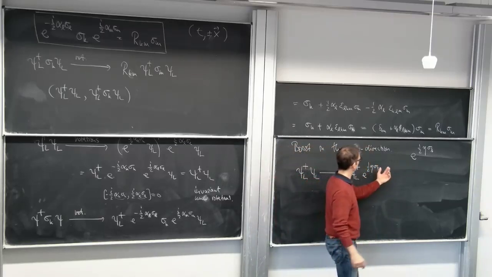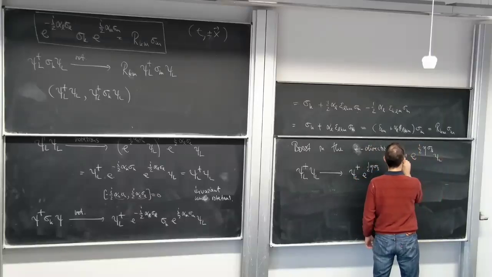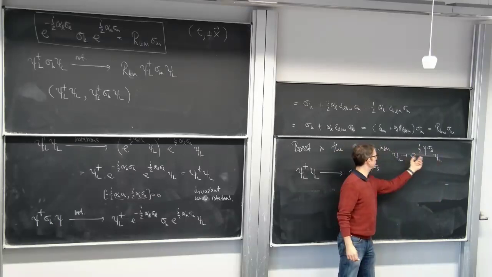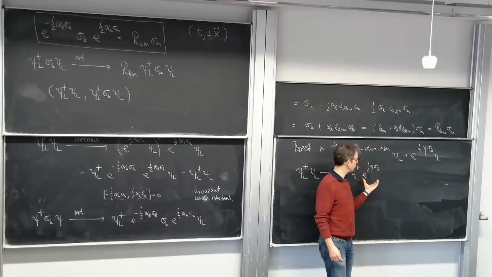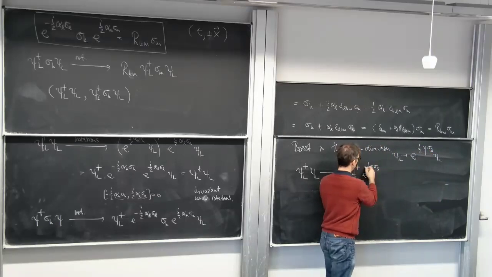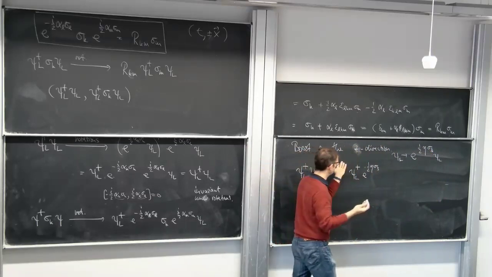If you have psi L goes to this, now dagger this business, and the dagger ends up here, they change the order, but that's real and that's Hermitian. So it's the same. It's not unitary. If it was unitary, so if this was the inverse of what we had, we would have to flip the sign. That's what's done by the i, but there's no i. So that's what it is.